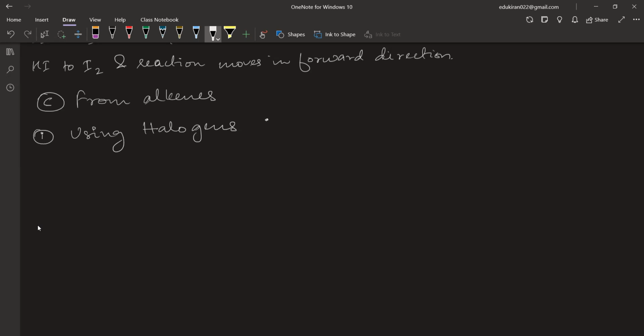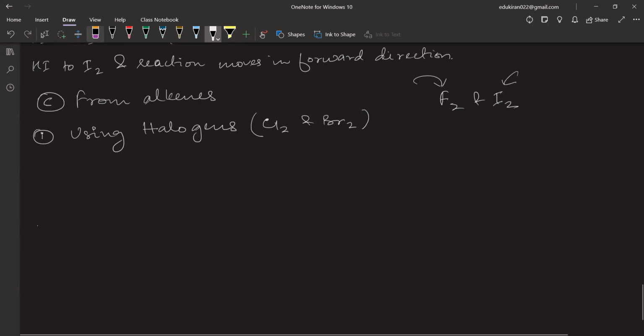Halogens such as, generally we use Cl2 and Br2, because देखिए दो दिक्कत है, F2 and I2. F2 is very fast, and it produces a high amount of heat. I2 is very slow, so generally इसका reactions नहीं हो पाते. We cannot use F2 and I2 in halogenations. So we usually use Cl2 and Br2.